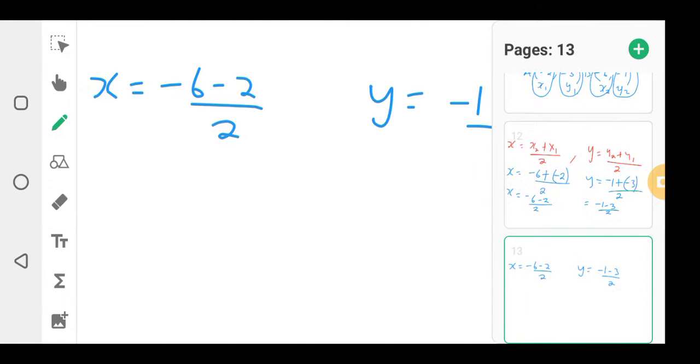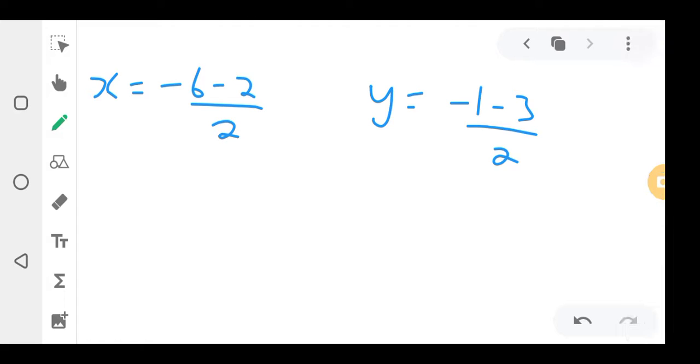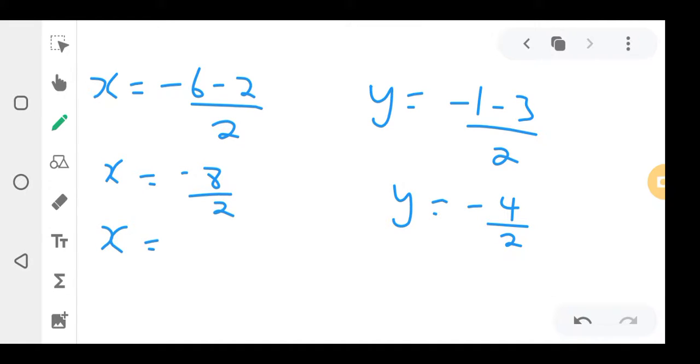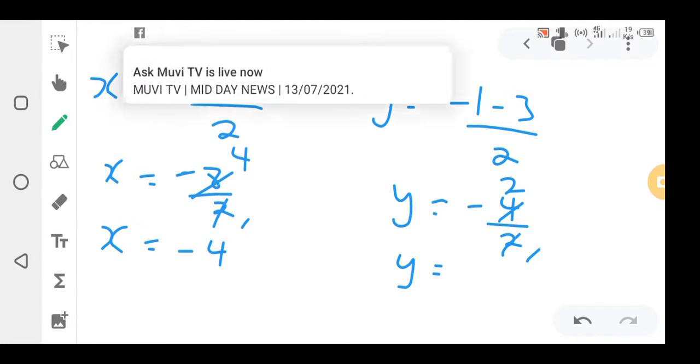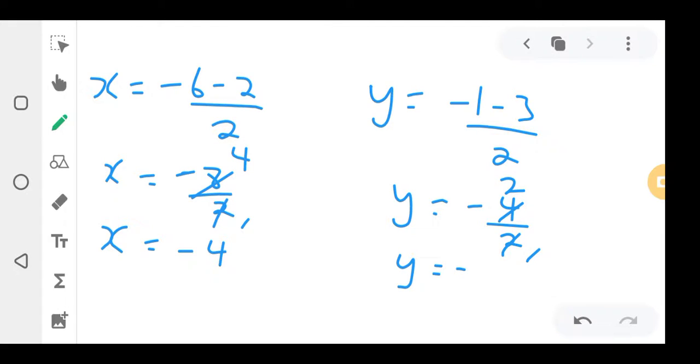Okay, so that will give me -8 over 2, and then y is equal to -4 over 2, and then x is going to be equal to -4. And then y there is equal to -2.